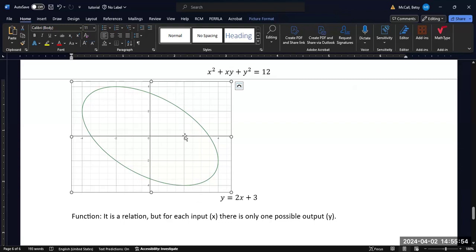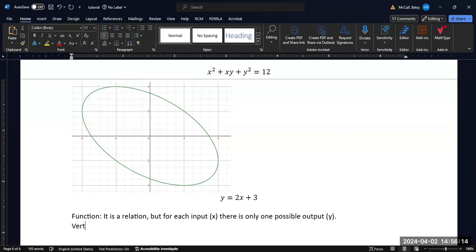Nonetheless, if you pick a value anywhere in between, then there's a point here that has the same x coordinate as a point here, but they have 2 different y coordinates. So this is not a function. This is still a relation. Everything is a relation that relates 2 variables, but it is not a function.